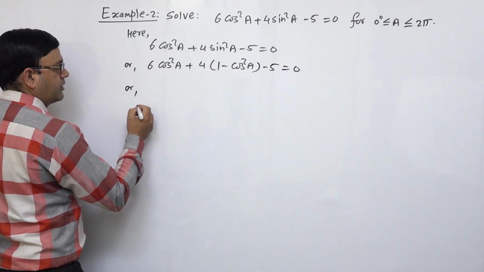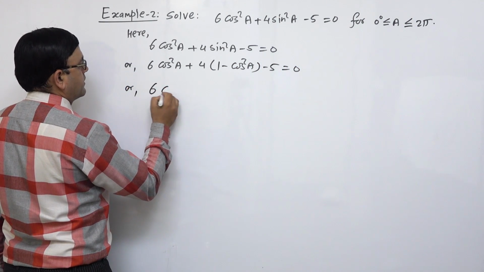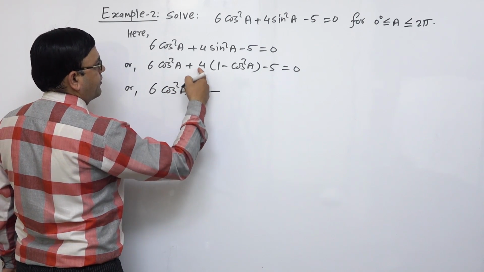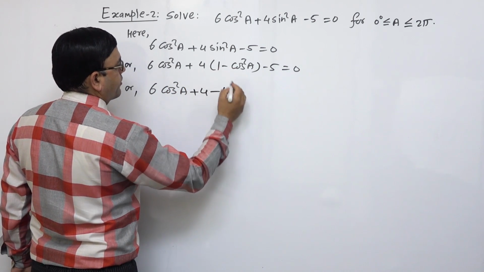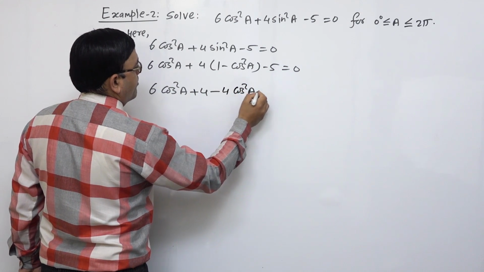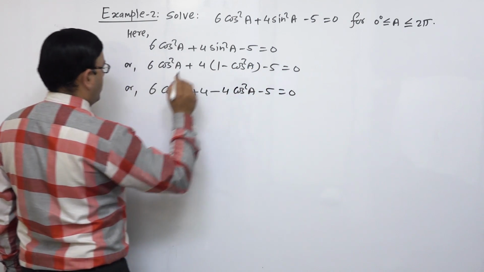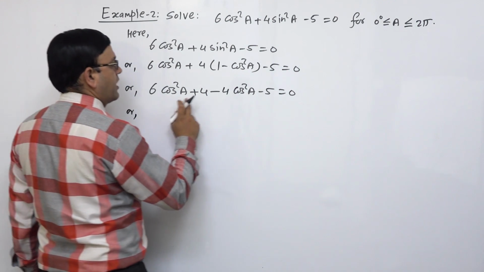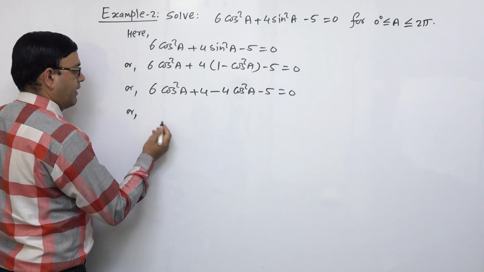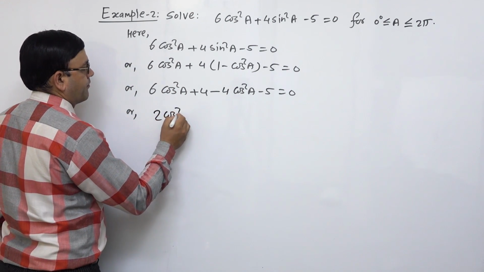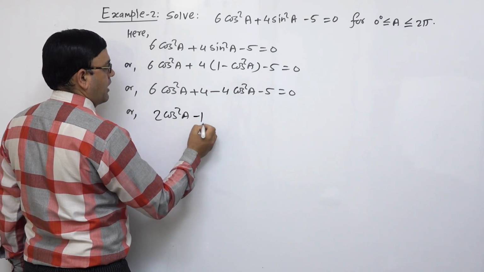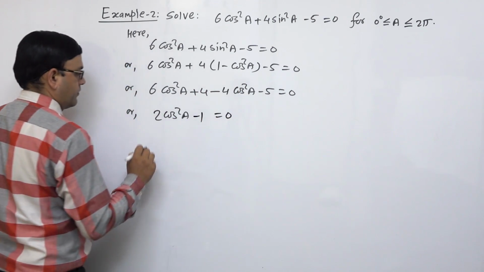Or we can write 6 cos square a plus 4 minus 4 cos square a minus 5 is equal to 0. Or we can write 6 cos square a minus 4 cos square a is 2 cos square a, and then 4 minus 5 is minus 1 is equal to 0.